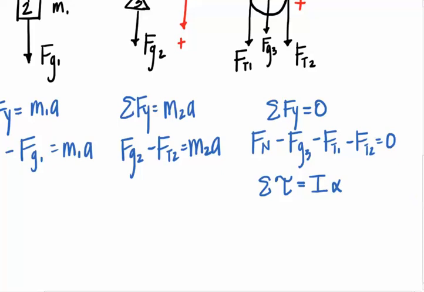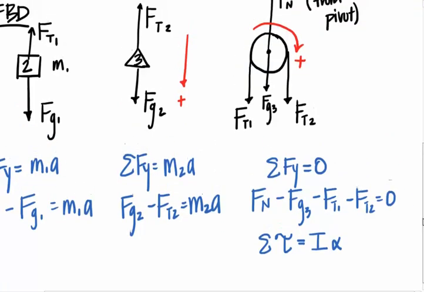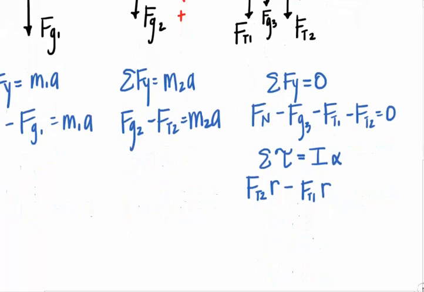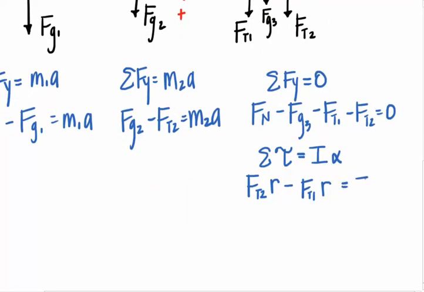Now, if you go back to our picture up here, FT2 is causing it to rotate clockwise, so that's going to be our positive torque. So FT2, and remember torque is F times R, but then the other force, FT1, is opposing this motion, so FT1 times R would be equal then to I alpha.